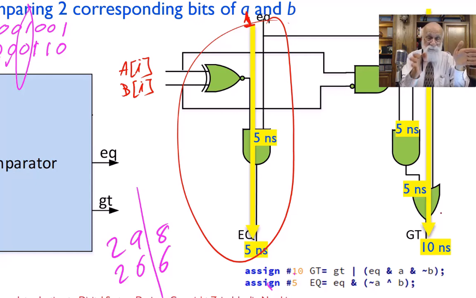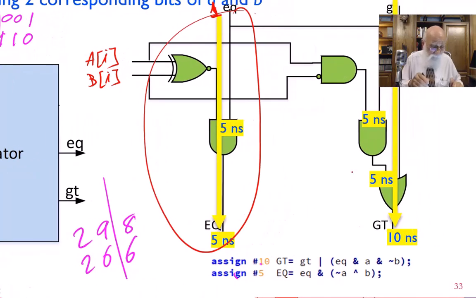What it means is if you have a 16-bit comparator, that's the worst case scenario, you have to wait 160 nanoseconds for the output to become ready. Nevertheless, this is describing one of these slices, and then you can just repeat these slices.